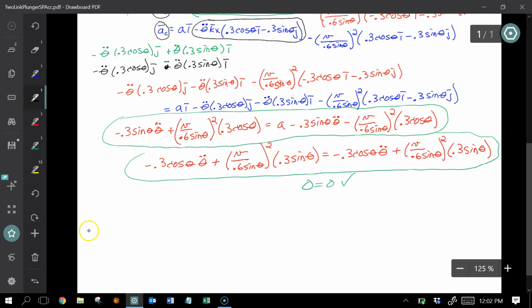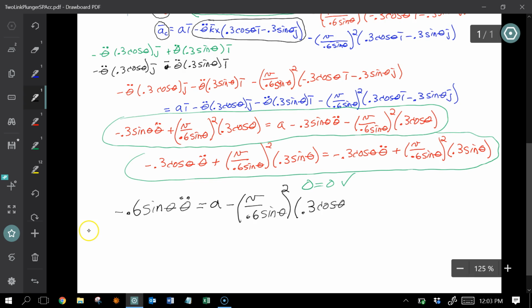The theta double dots I'm going to gather up on the left hand side, so that would be a negative 0.6 sine of theta double dot, and then everything else I'm going to shove over to the right hand side, so that equals a minus v over 0.6 sine of theta squared times 0.3 cosine of theta.